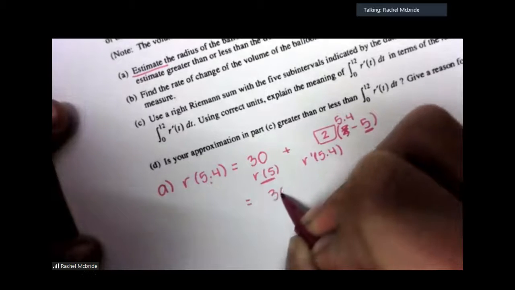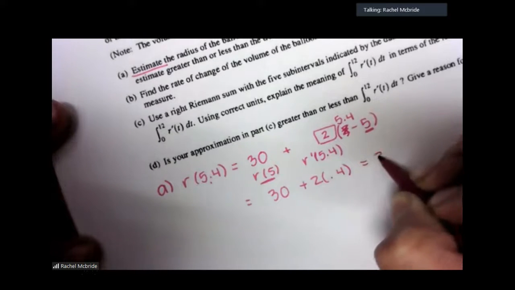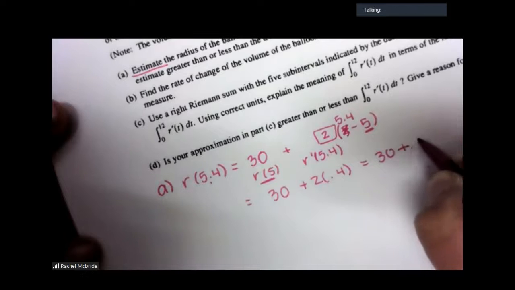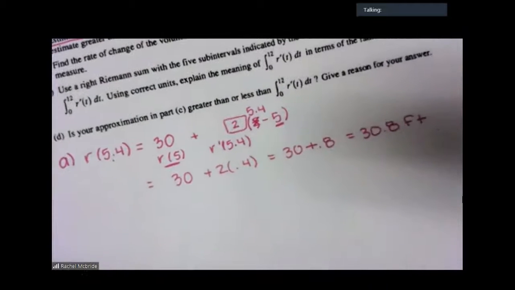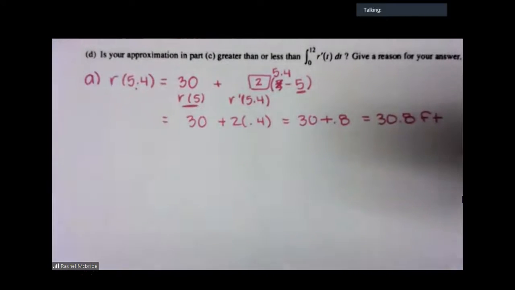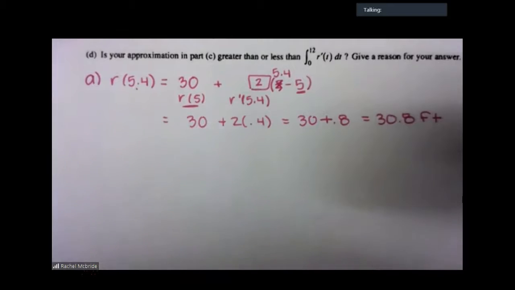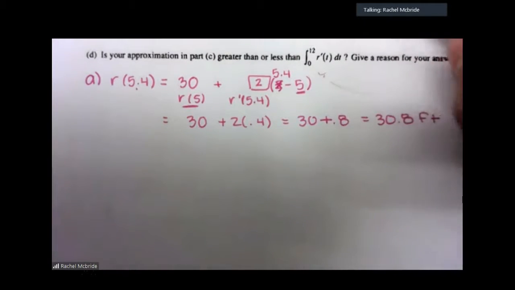So it's 30 plus 2 times 0.4, which is 30.8 feet. So I've estimated the radius at 5.4 using my linear approximation at 5.